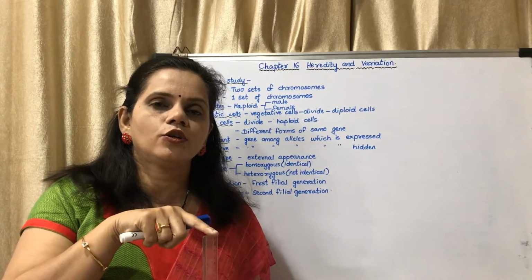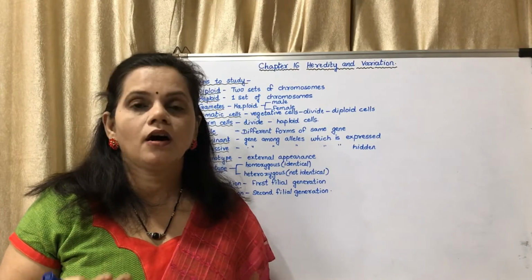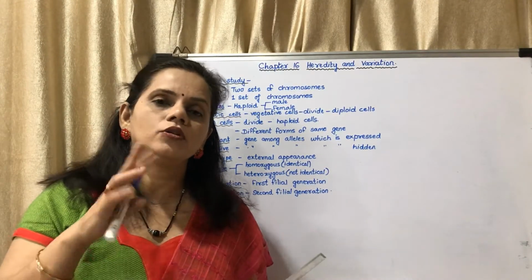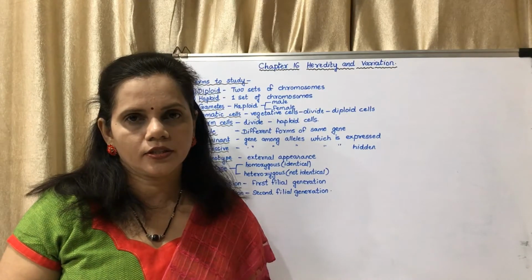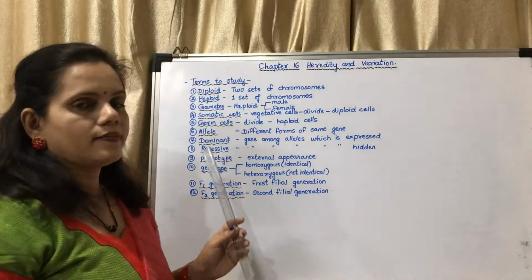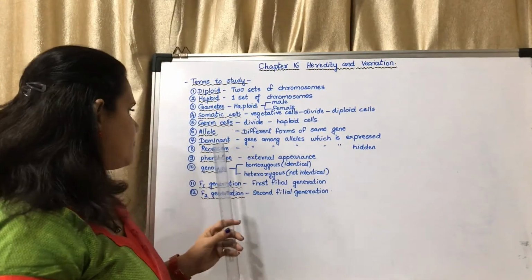On one there could be dominant and on another recessive, or both of them could be recessive or both could be dominant. We will study that in the next clip. Hope you have understood what dominant and recessive mean.